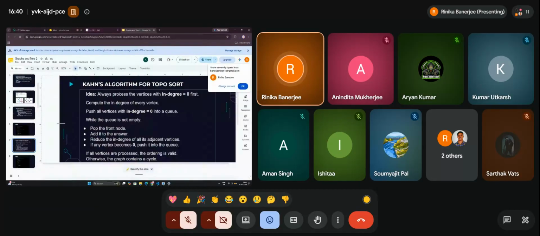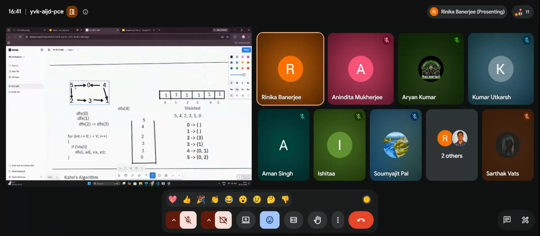Okay, so let me first explain the idea behind topo sort using DFS. Suppose I am starting from node 5. Now, from node 5, if there is any edge, I'm going to further nodes from node 5, right?